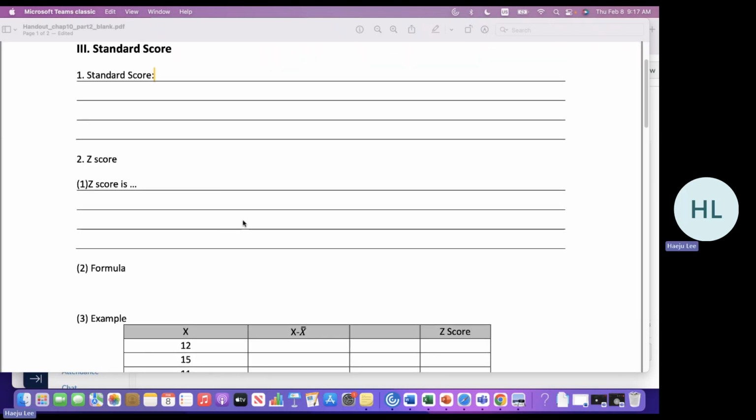The standard score can be used when we compare some measures, but the measures come from different distributions with different means and standard deviations, or they have their own unique scale.